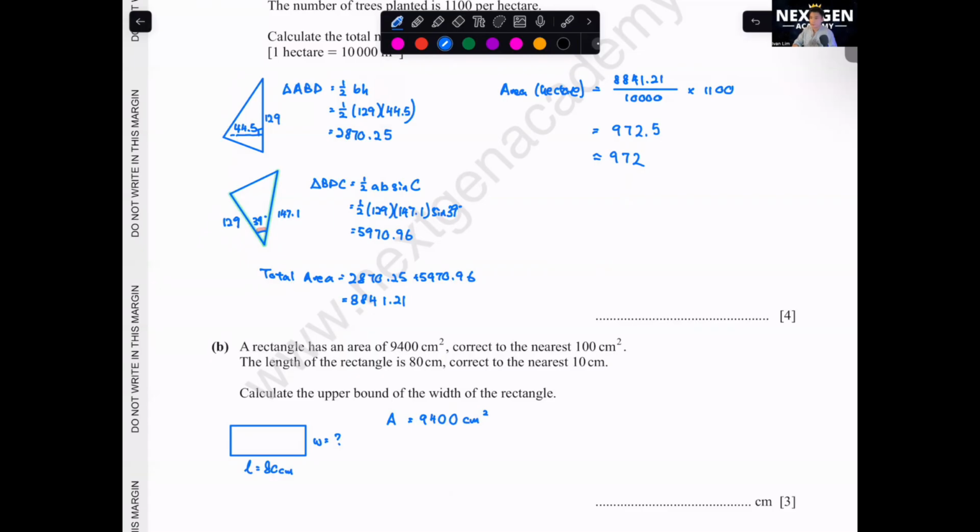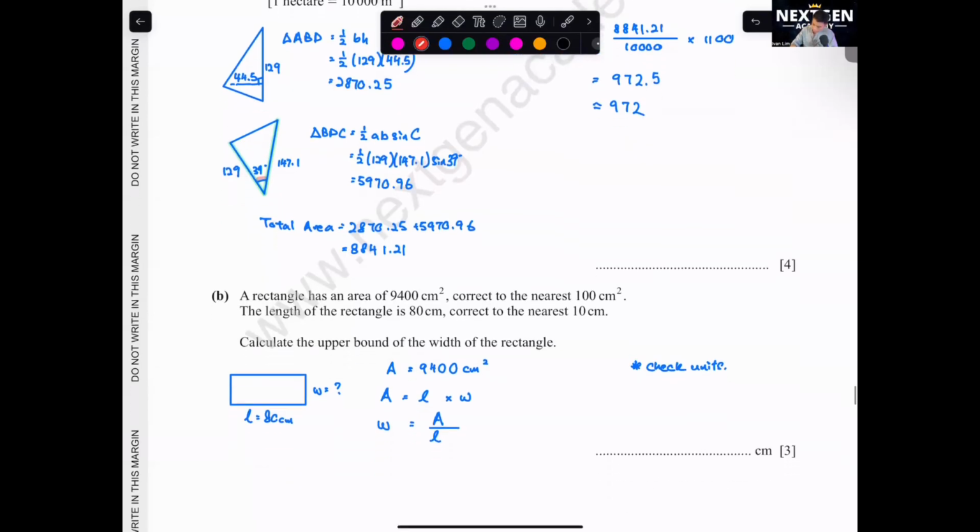Okay, when we do upper bound, lower bound type of question like this, what we need to check always is the units. Okay, check units. Whether same or not first. Okay, how can we get the upper bound of the width? Okay, what is the formula here first? A is equals to length times width. Width is equals to A over L. Okay, we first have to define this.